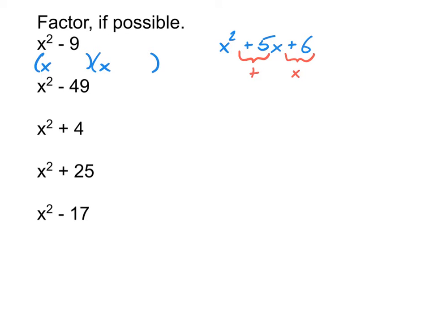What are those two numbers that add to 0 but multiply to negative 9? 3 and negative 3, exactly. And so it's going to be x plus 3 times x minus 3, and yes, that is our factored form, because notice, they do add to 0, and they multiply to the negative 9. Excellent.